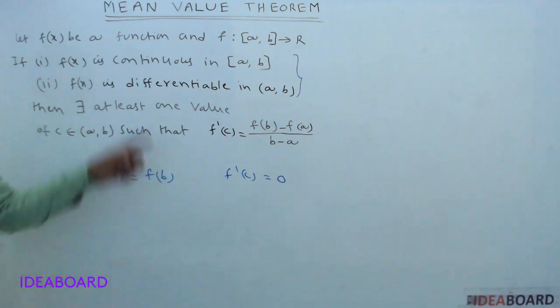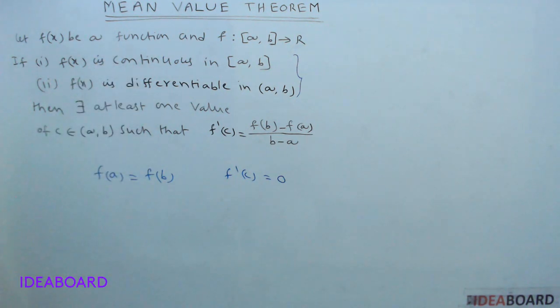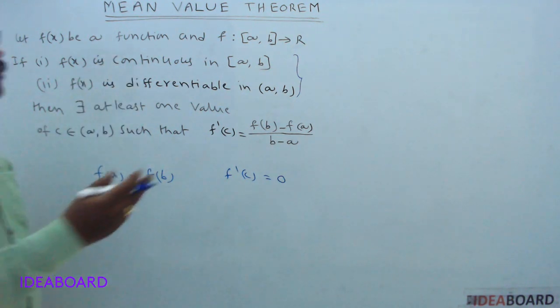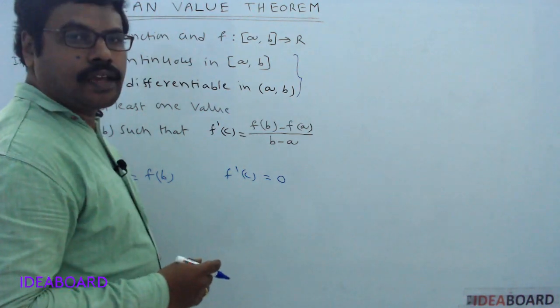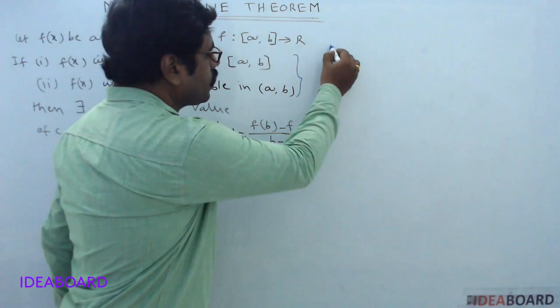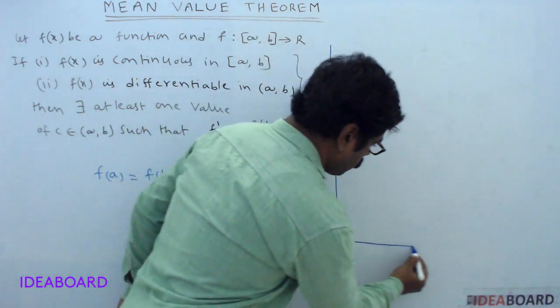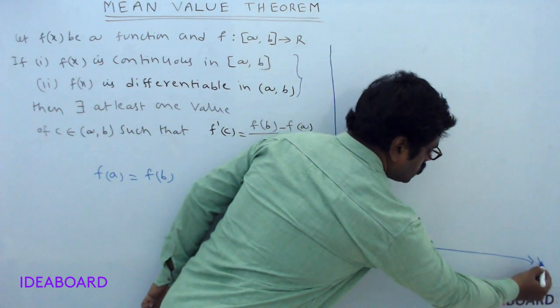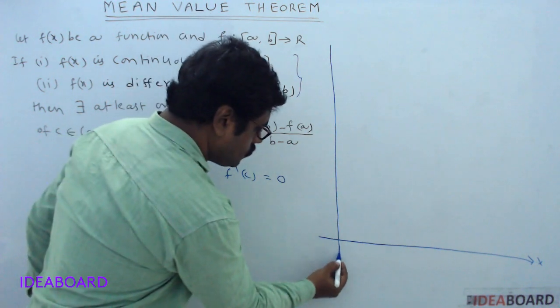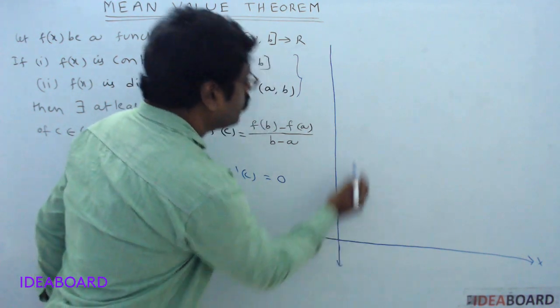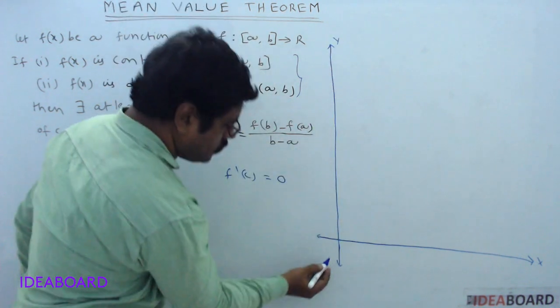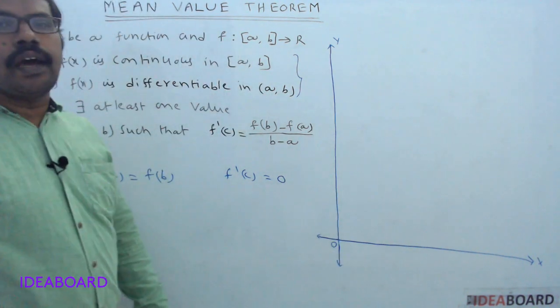Now I am going to explain this statement by the graphical method. First you make the graph of the function f(x). First draw the coordinate axes. Now this is the x-axis. This is the y-axis. This is the origin.